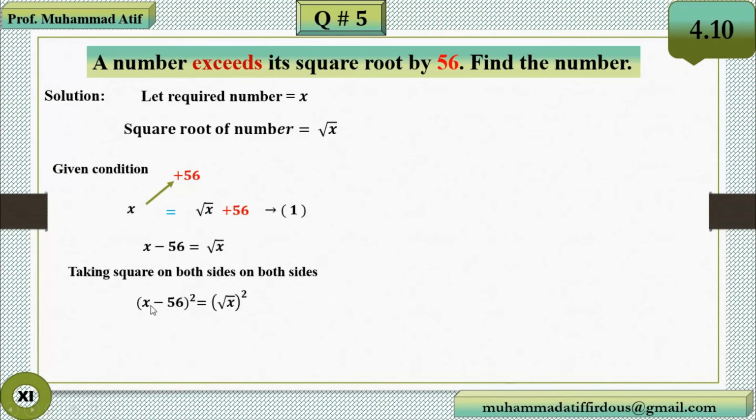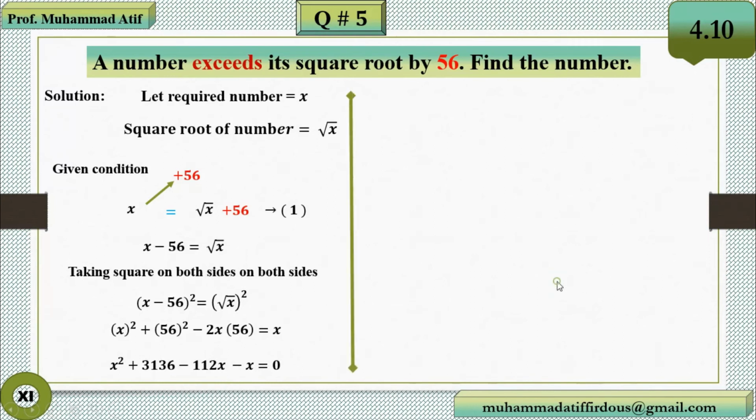By taking the square on both sides, you can use the formula (a minus b) whole square on your left hand side, which is a square plus b square minus 2ab. And on your right hand side, under root x squared is equal to x. Simplifying more, 6 square is 36 and 2 times 6 times x is 12x, and this positive x becomes negative x. Simplifying more, you have this equation.